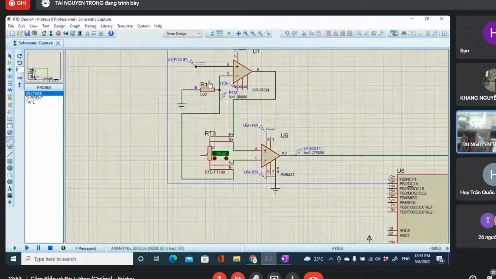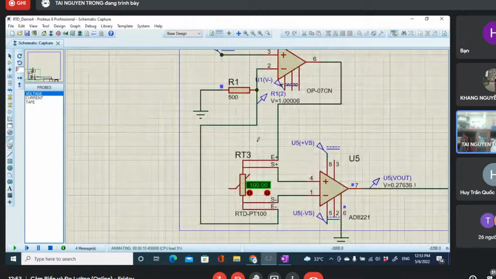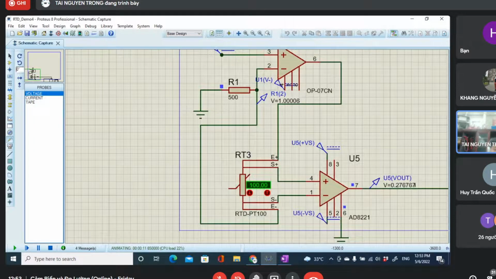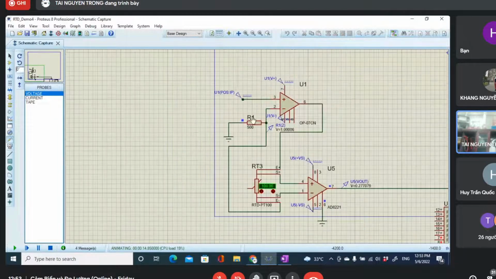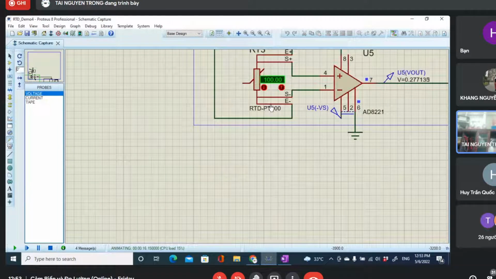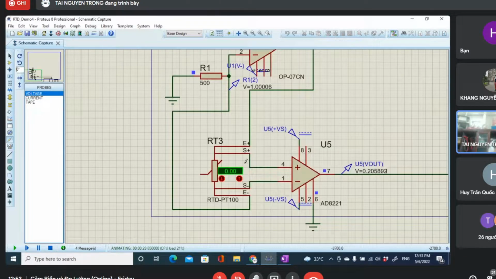Okay, as we know, the current through this one is 2 milliampere, 100 ohm. Okay, in this case I will reduce it to 20. Okay, this is 200 volts, 0 volt.